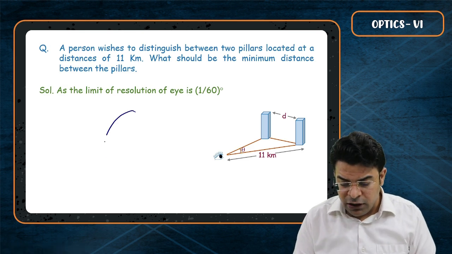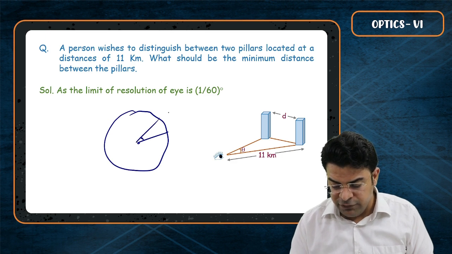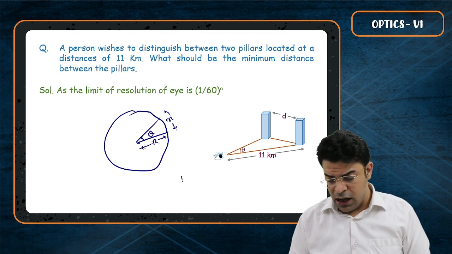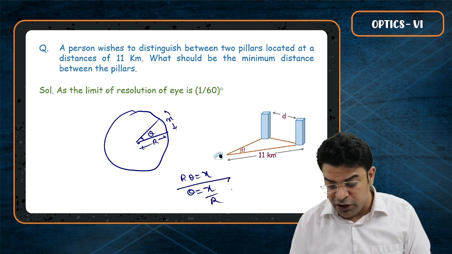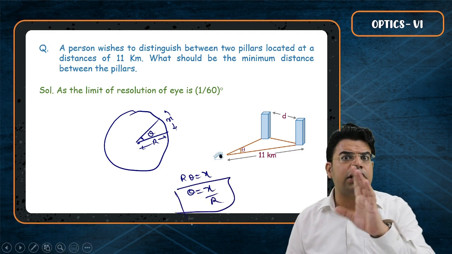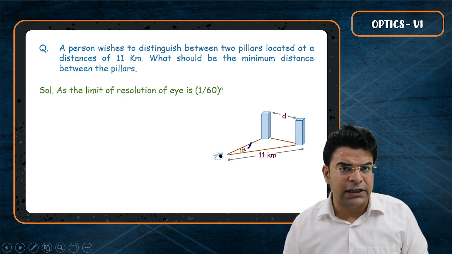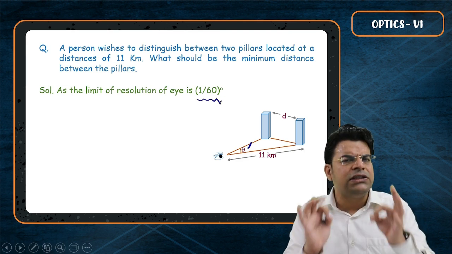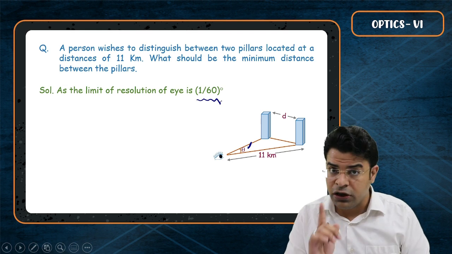What we have learned as the basic definition of angle is that if the arc length is x and the radius is r, and here we get an angle theta, then r theta equals x or theta equals x by r, but whenever you use it, the angle theta should be in radian. So here you will say that this angle theta should be greater than 1 by 60 degree or at least equal to it, but I should substitute the angle in radian, not in degree.